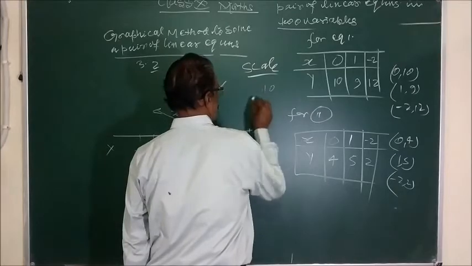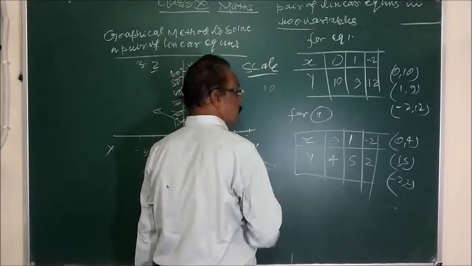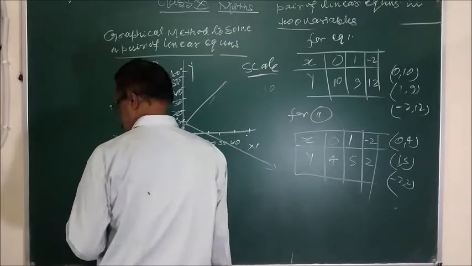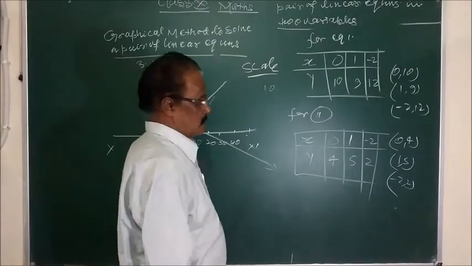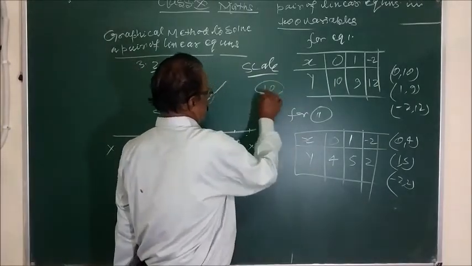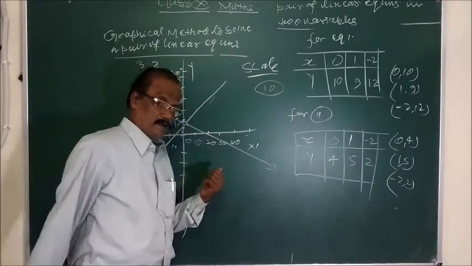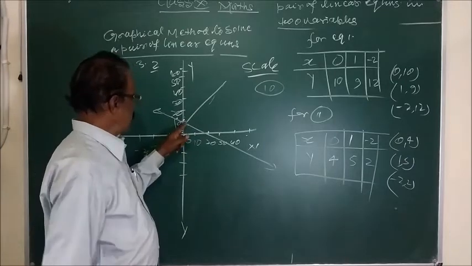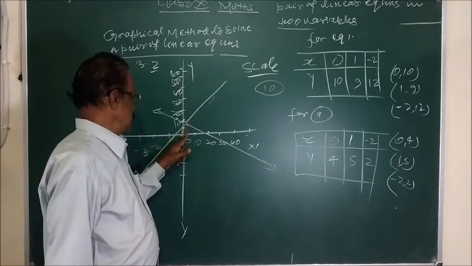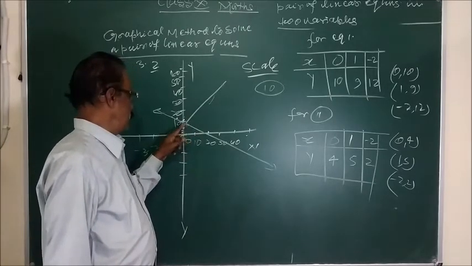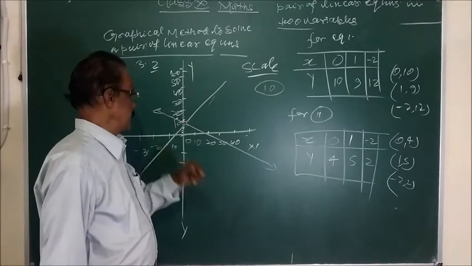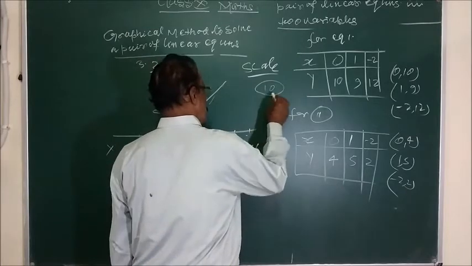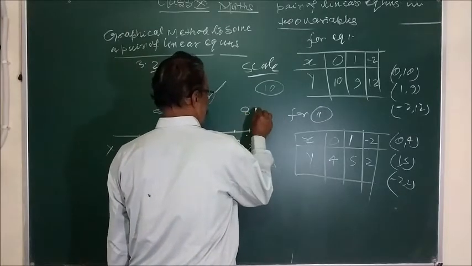The total number of students is 10, and girls are 4 more than boys. So the intersection will be read on the x-axis as the number of boys and on the y-axis as the number of girls. This is how you can do it.